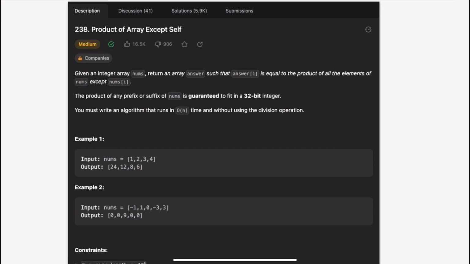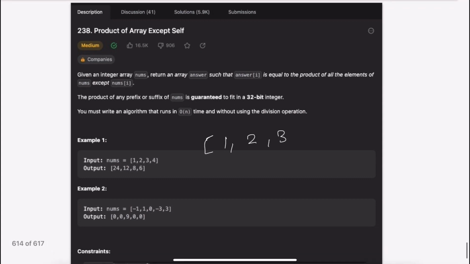To make it more clear, let's take this example of 1, 2, 3, 4. Let's write the indices as well: 0, 1, 2 and 3. If I want to know the answer on the 0th index, what will be the answer? Product of all the elements except the element on the 0th index.